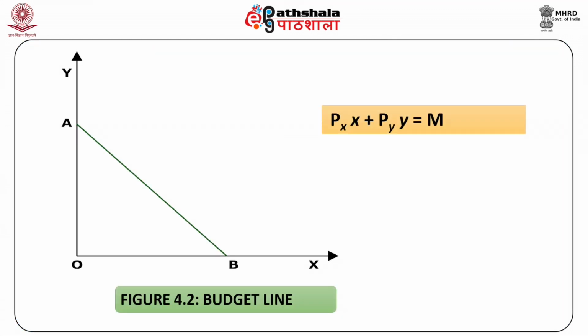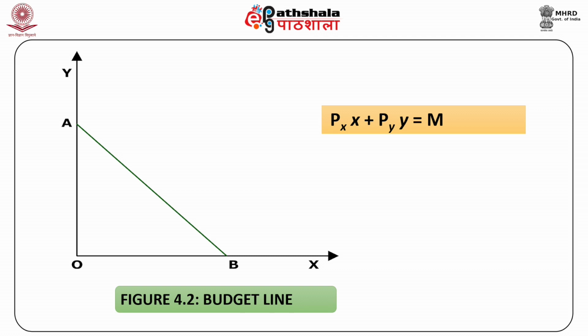Let's consider two goods X and Y. Given the consumer's income as M and prices of the two goods as Px and Py respectively, the budget line represents the following budget constraint: Px X plus Py Y is equal to M. The budget line, as represented in figure 4.2, is a downward sloping straight line with a constant negative slope, which is equal to the price ratio, that is Px upon Py.